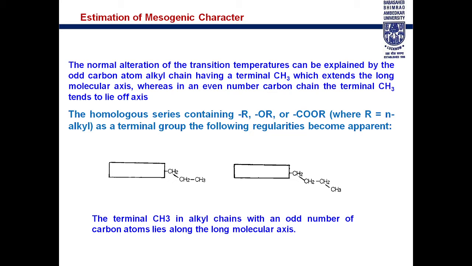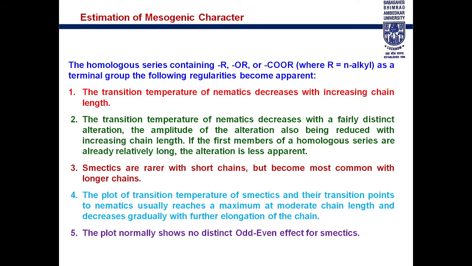The terminal CH3 in an alkyl chain with an odd number of carbon atoms lies along the long molecular axis. For the homologous series containing ROR and COOR as a terminal group, the following irregularity becomes apparent.